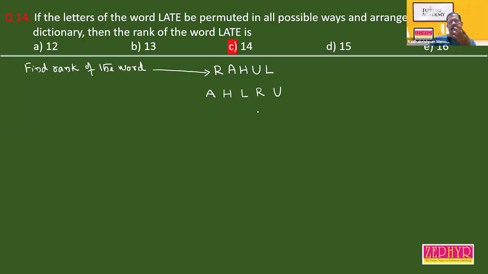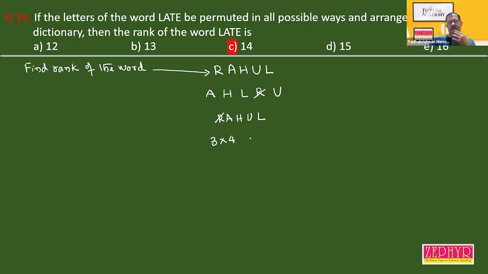Total 120 words are there. So below I write RAHUL. There are 3 letters remaining on the left. There are total 5 letters.